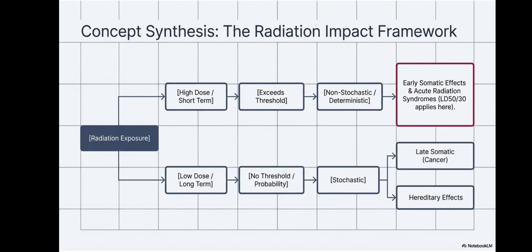In higher dose, non-stochastic or deterministic effect occurs, and in low dose stochastic effect occurs. In non-stochastic effect, early somatic effect and acute radiation syndrome, where the LD50/30 applies here, but stochastic effect leads to somatic effect such as cancer, or hereditary effect.